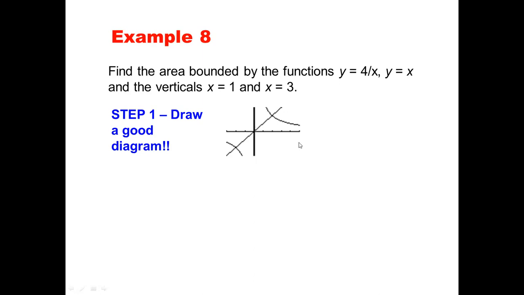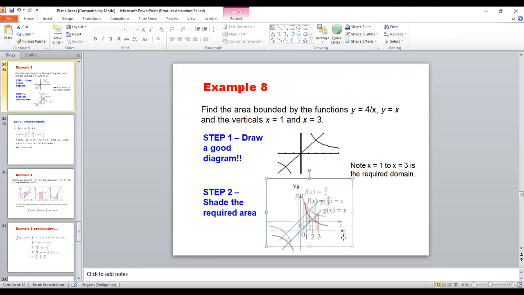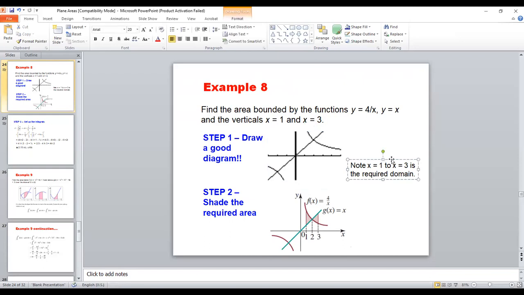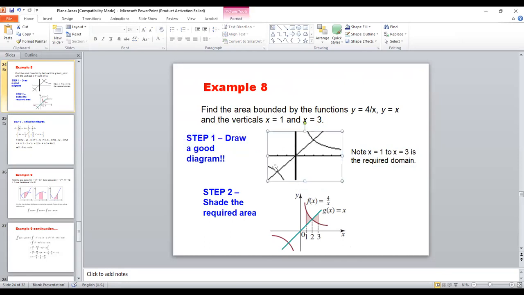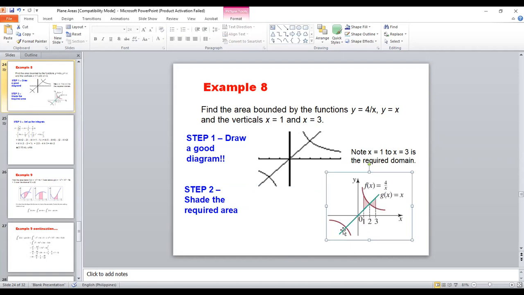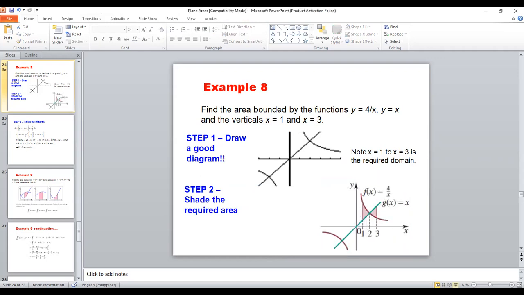I will just increase the size of this so you will see a bigger illustration. Okay, so we'll project it again.